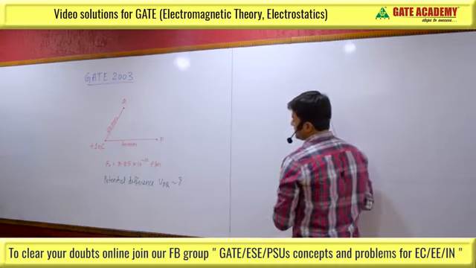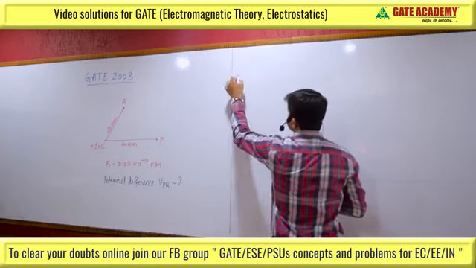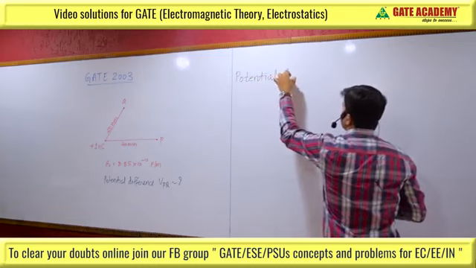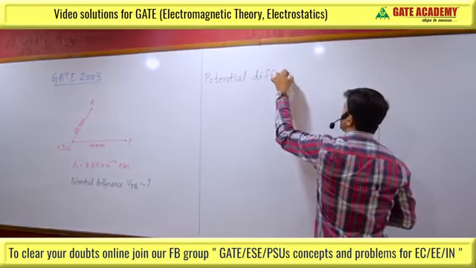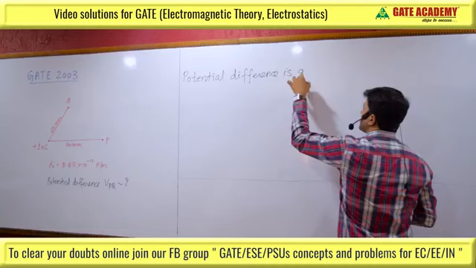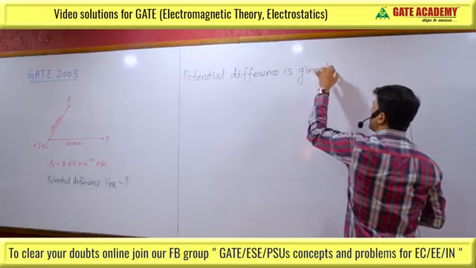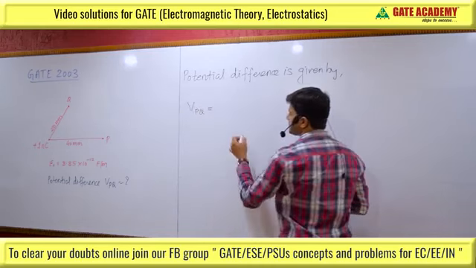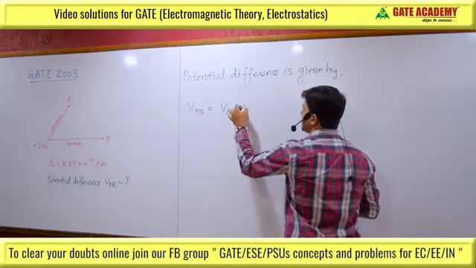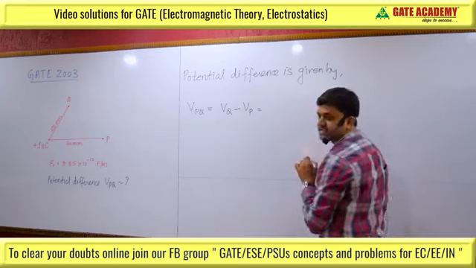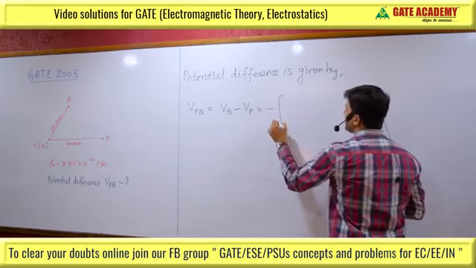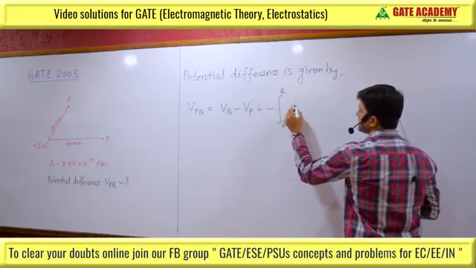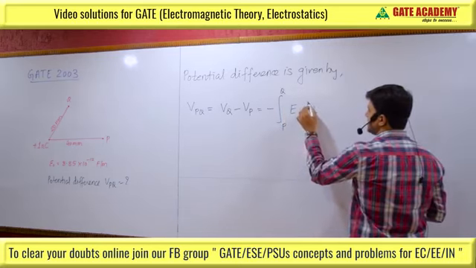Now the potential difference is given by VPQ equal to VQ minus VP, and it is given by minus integral from P to Q of E dot dl.